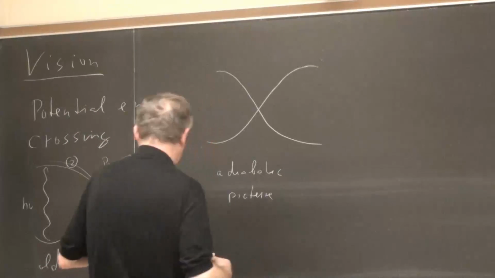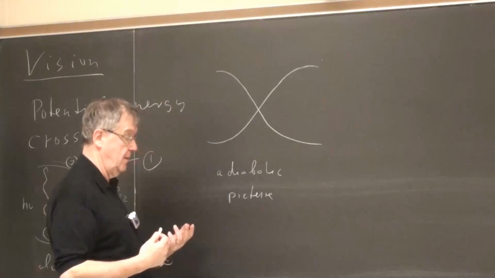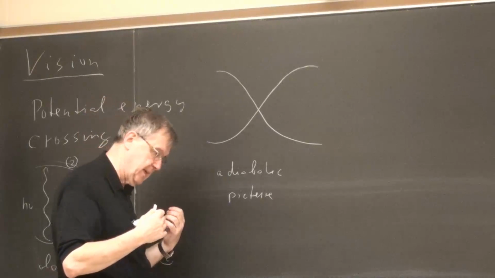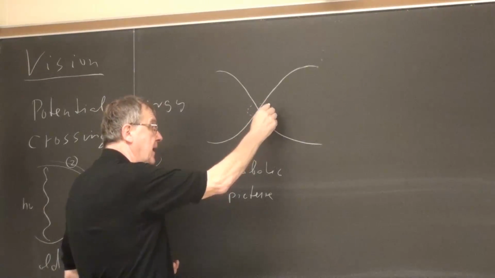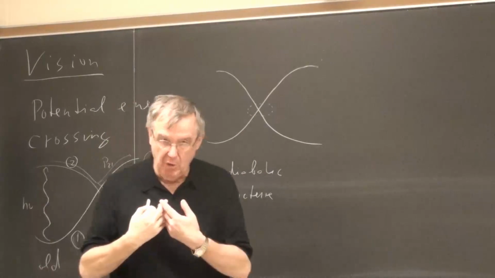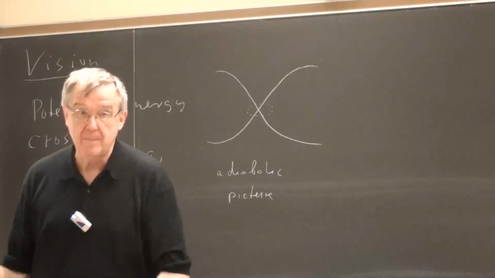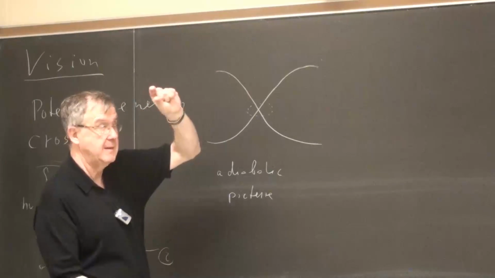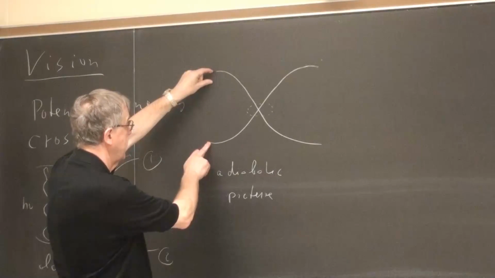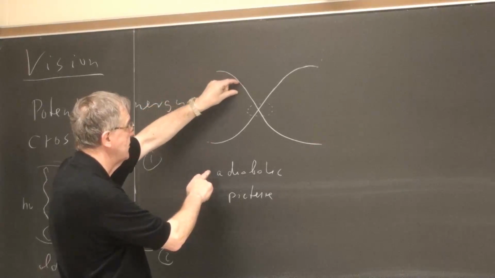Now, the interaction is small, but it becomes very relevant when these states become isoenergetic, because then the smallest perturbation can mix them. If you have a perturbation that is this big, you cannot mix it here because the other state is too far away. You cannot mix it, you cannot mix it.